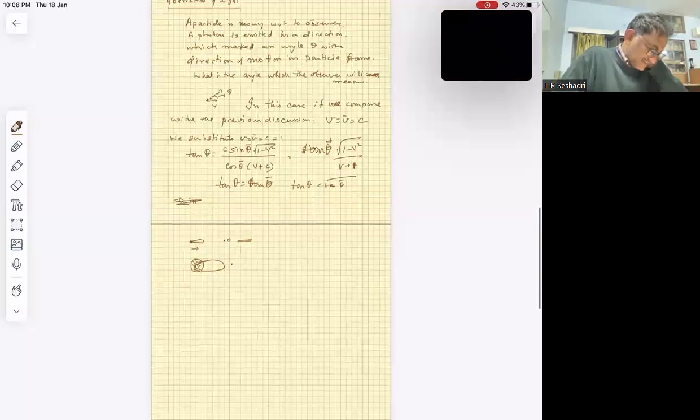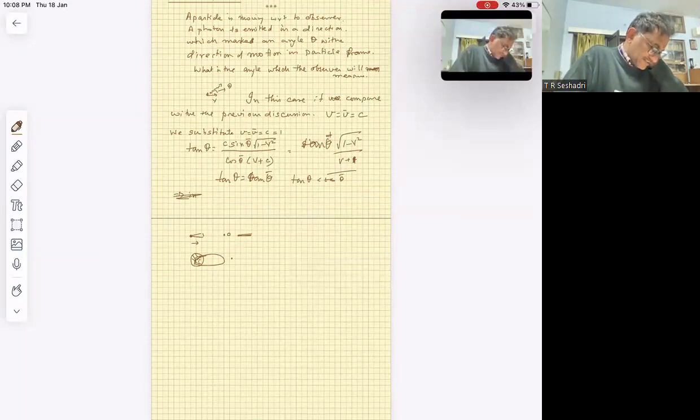So basically, let us put it this way. Suppose I have a particle which is beaming light in this direction in this frame, like a torch, and the particle is also moving in this direction. And this is an angle theta in the particle's frame.